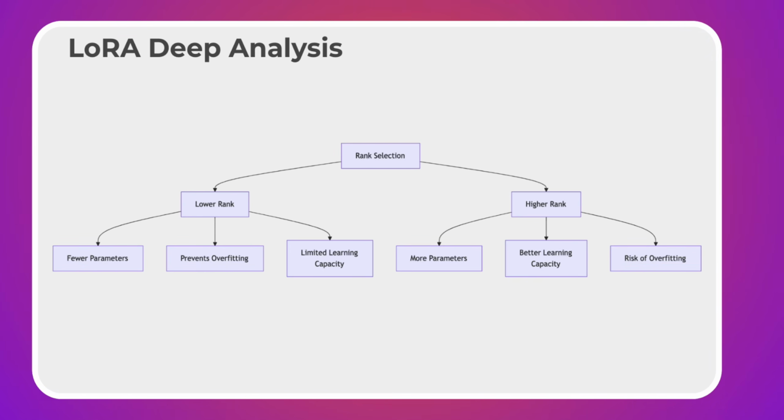It has one purpose. Now, when it comes to higher rank, think of it like using a very complex food processor. It's more capable, but also more things can go wrong because it's a little bit more complex. On top of that, it requires more skill to use effectively. So those are the two differences of lower rank and higher rank when it comes to rank selection.